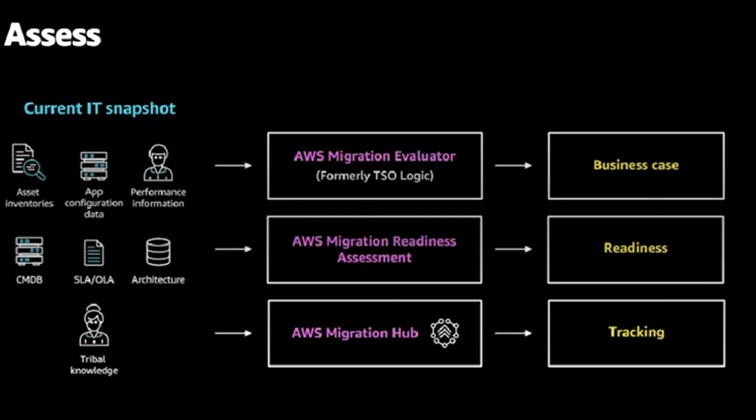Ideally, you're going to have three different stages during the assessment phase. Stage one, AWS Migration Evaluator. Stage two, migration readiness assessment. Stage three, create the Migration Hub within AWS and track those migration plans.